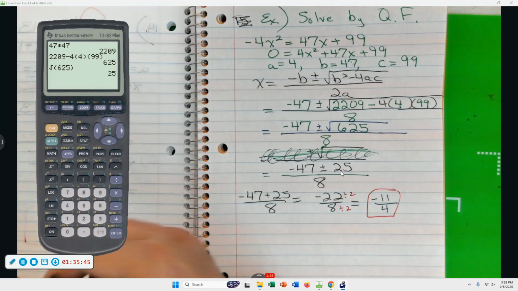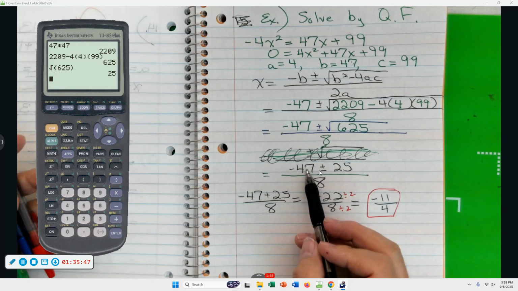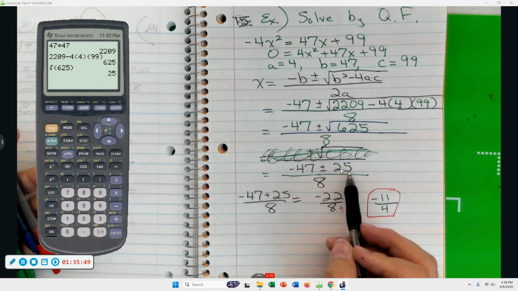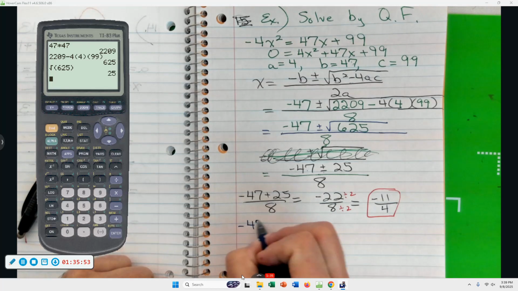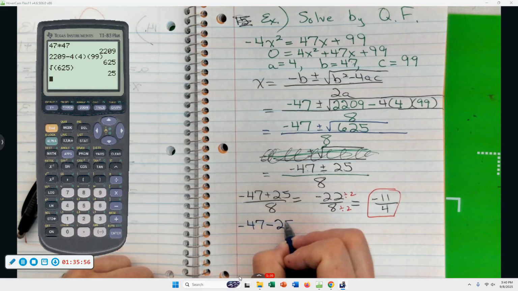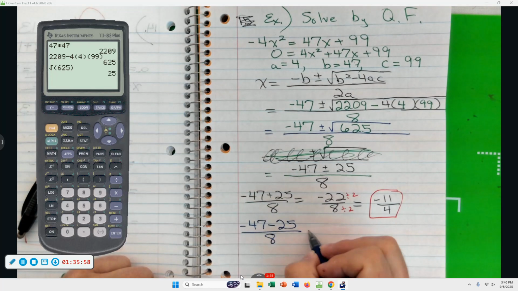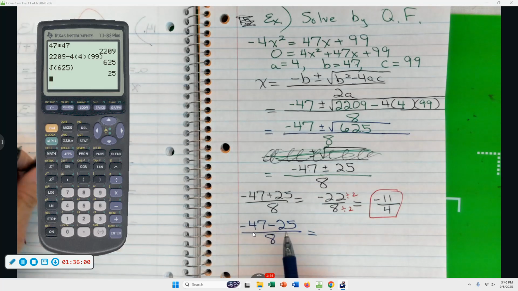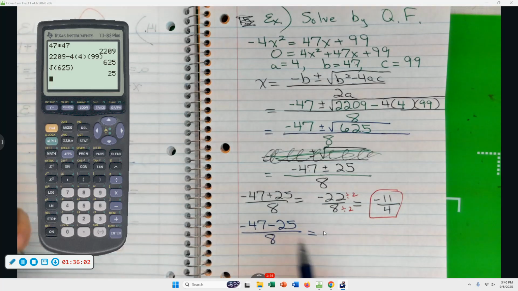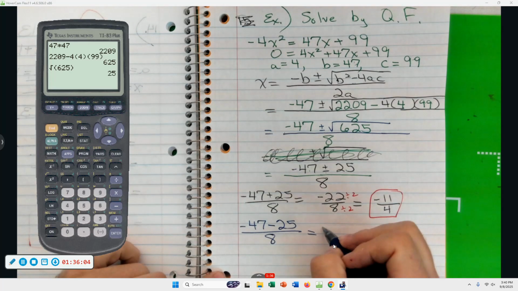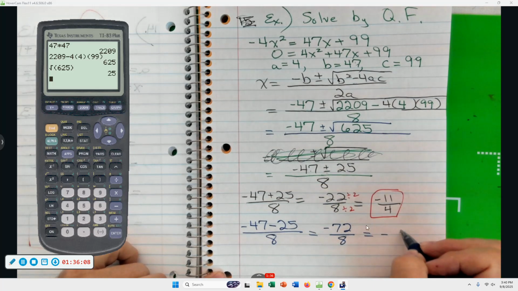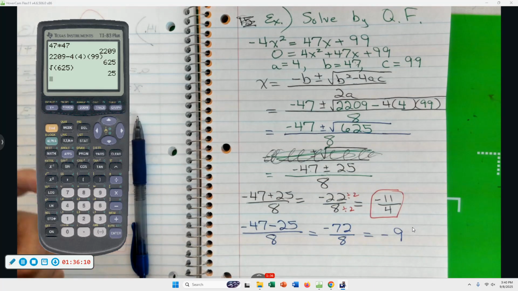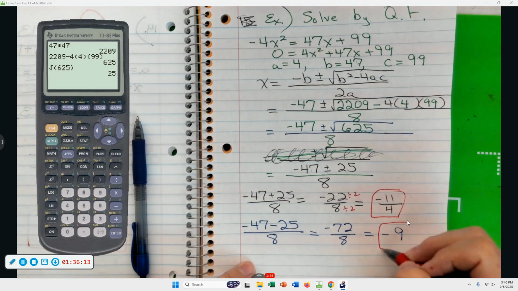Now we have to look at the second possibility, negative 47 minus 25, all over 8. Negative 47 minus 25, is that a negative 72? Divided by 8, that gives me a negative 9 for my second solution.